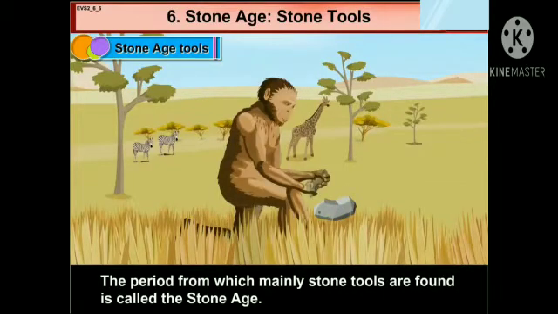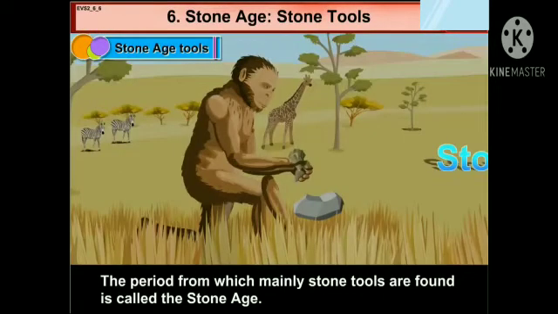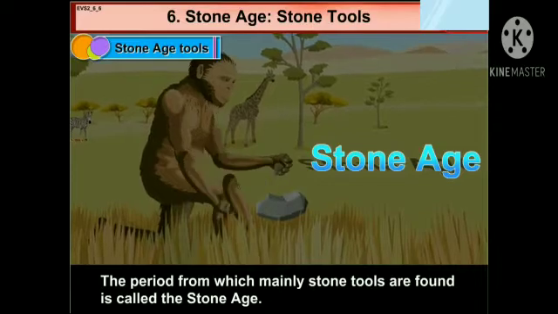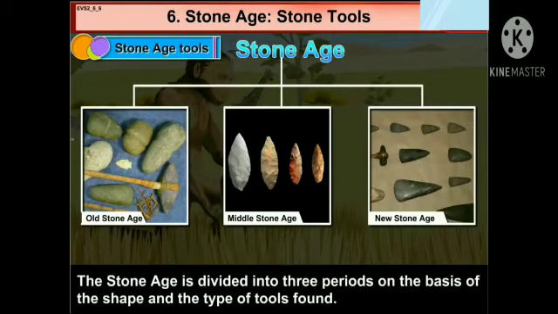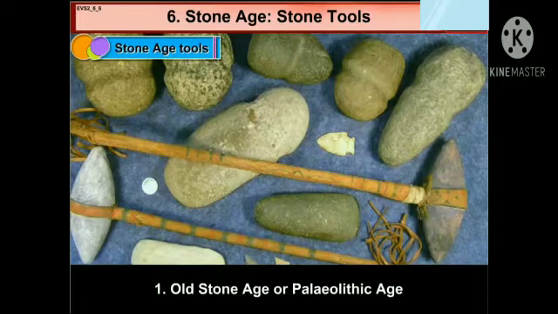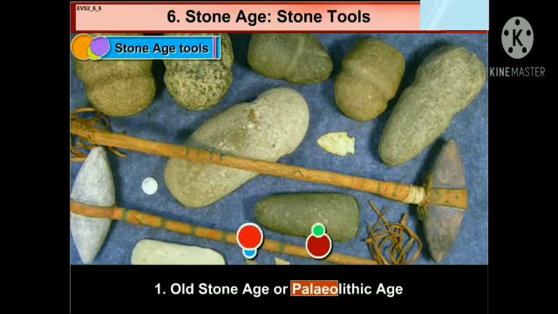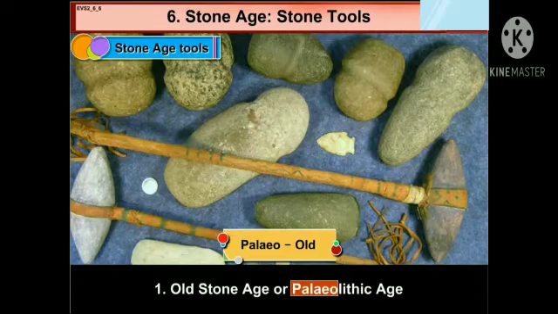The period from which mainly stone tools are found is called the Stone Age. The Stone Age is divided into three periods on the basis of the shape and the type of tools found. The first one, Old Stone Age or Paleolithic Age. What is the meaning of Paleo?